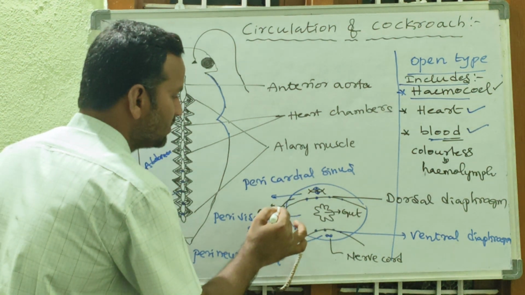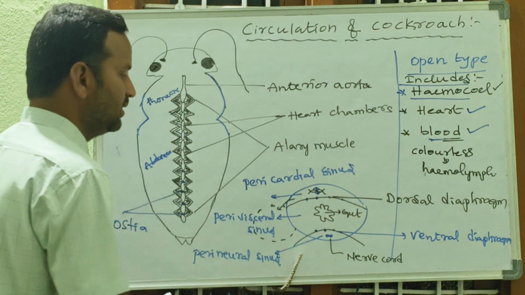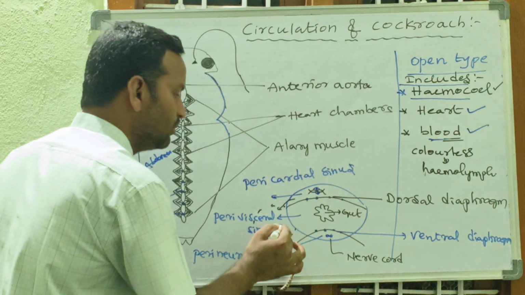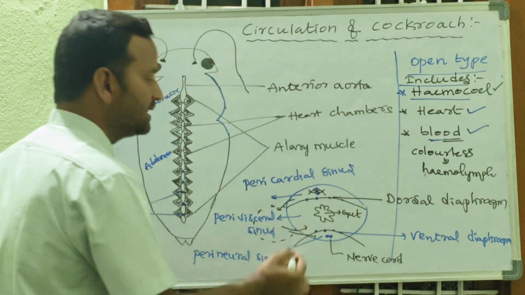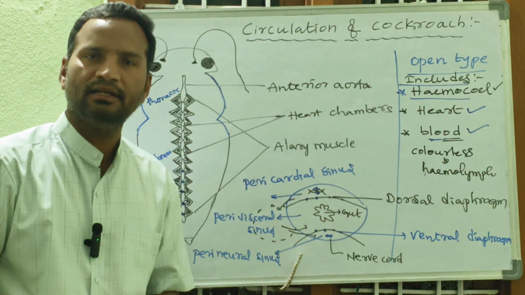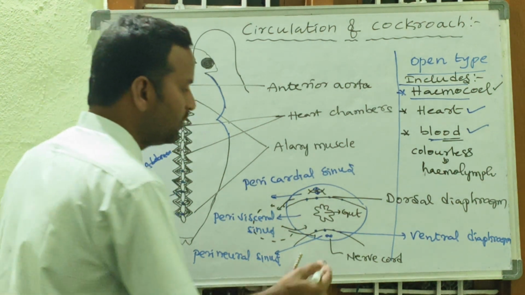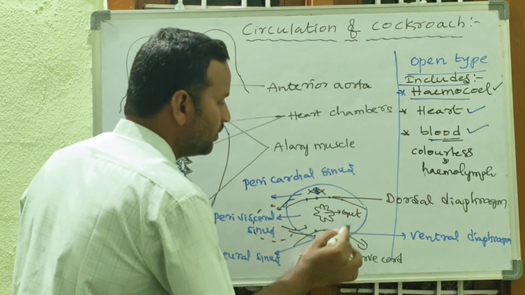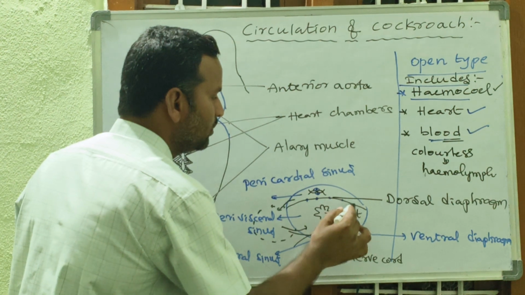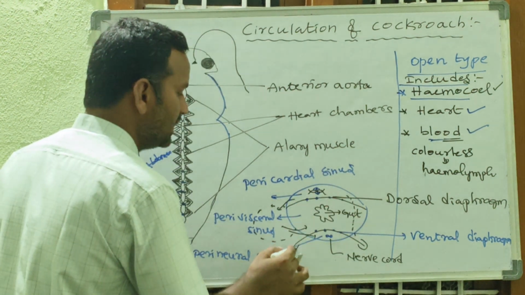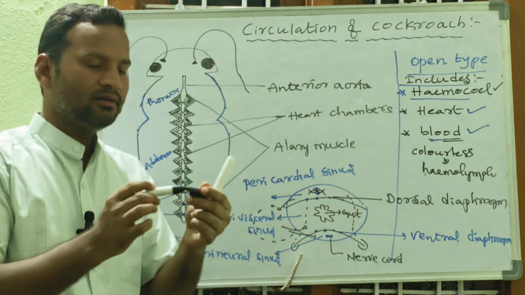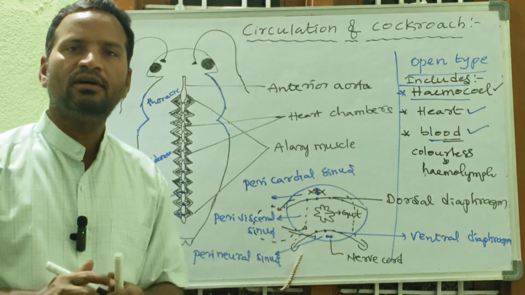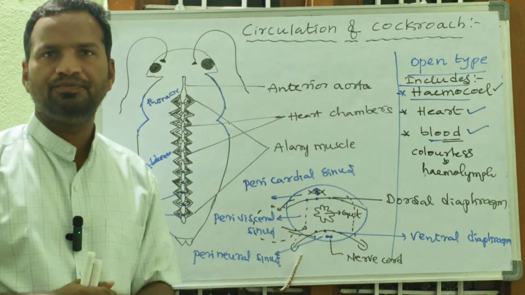When the aorta supplies blood to the head sinus, from the head sinus the blood comes again into the perivisceral sinus as well as the perineural sinus. Then from the perineural sinus it enters the pericardial sinus. This is the circulation of the blood.